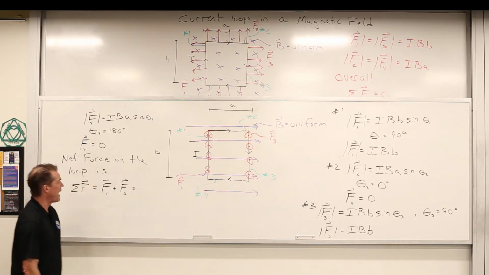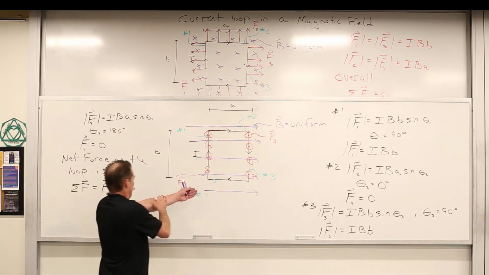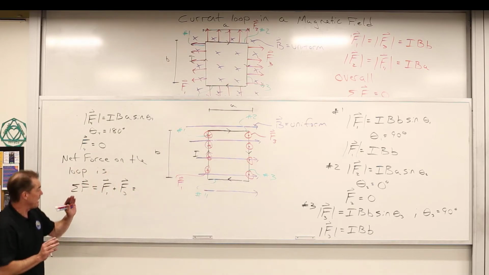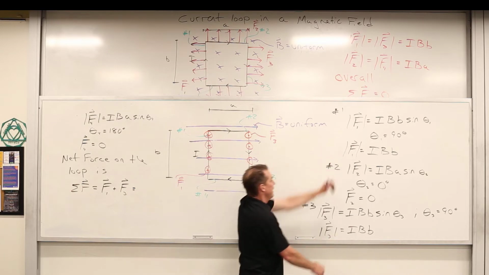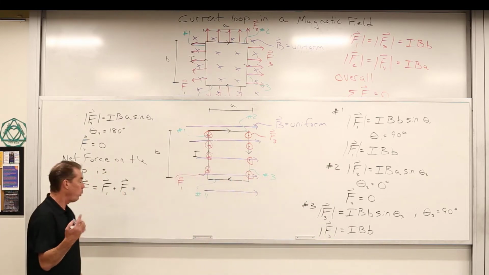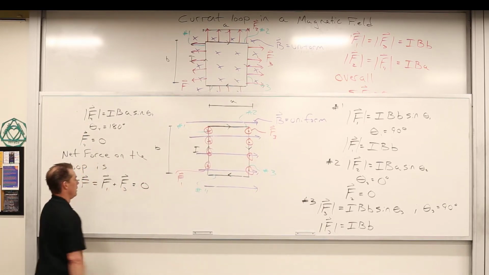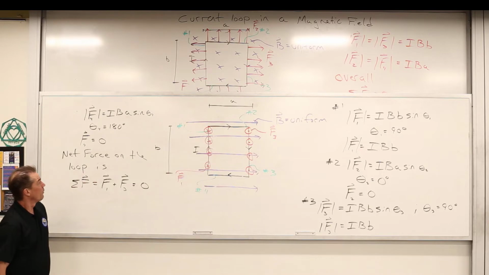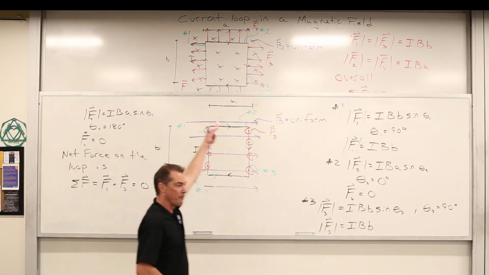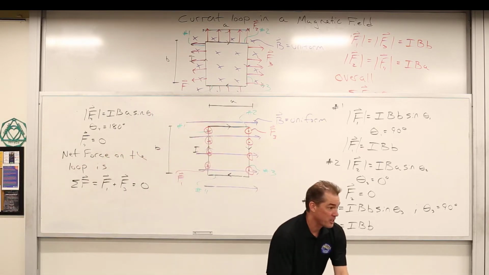And what are we going to get with that? Well, they have equal magnitudes, IBB, in opposite directions. Ooh. So that force is equal to 0. Get the same result that we had regarding the prior system in terms of the net force.